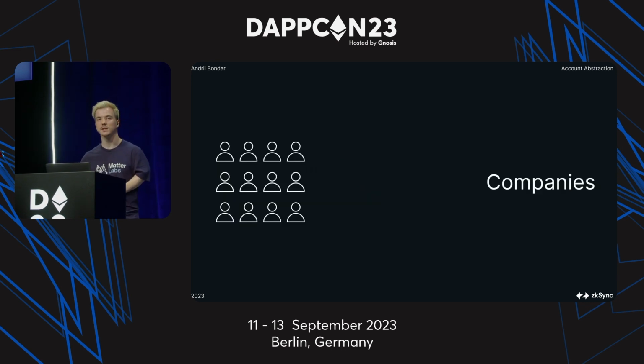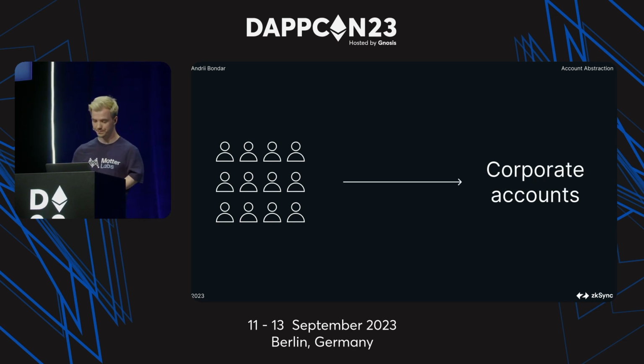So we discussed individual cases, but what about corporates? As you remember, we have to use something users get used to. Employees worldwide have their own corporate accounts they can use to do something inside the company.